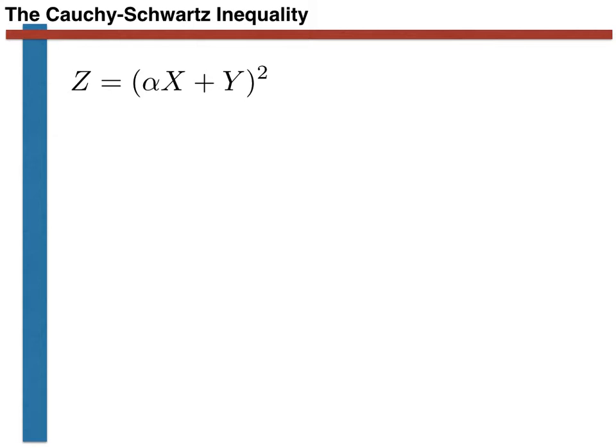Now, because x, y, and alpha are all real numbers, the random variable capital Z must always be positive, as the square of a real number is always positive. As such, the expectation of Z must be a positive number. It cannot be negative, as the random variable capital Z is never negative for the reasons that I have just explained.